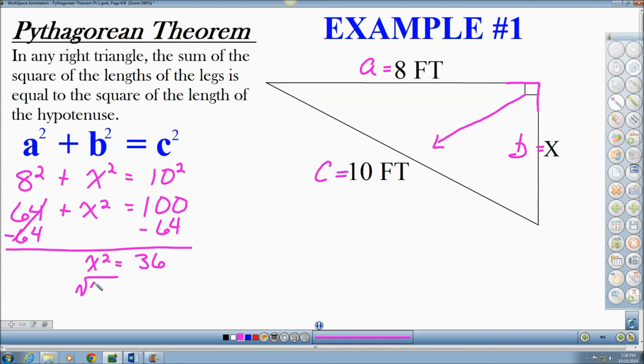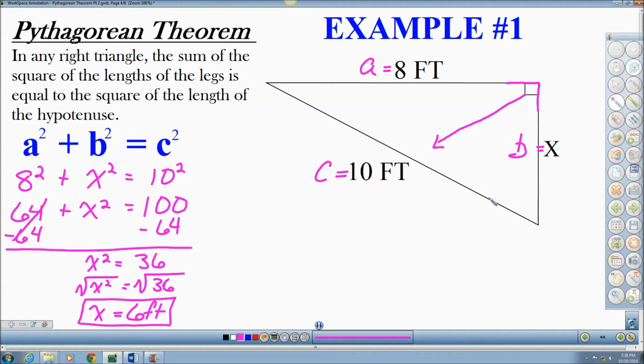So I take the positive square root of x squared, and I also take the positive square root of 36. So the positive square root of x squared simply makes x, and the square root of 36 makes 6. So x is 6 feet, and I can box in that answer.